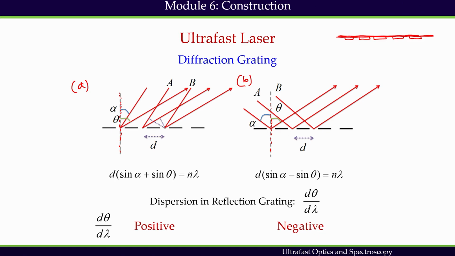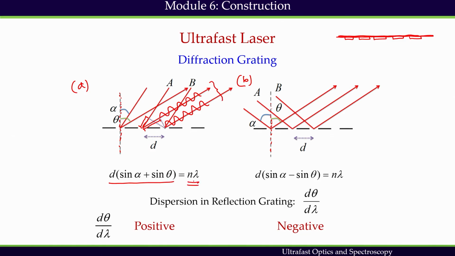Now, if we look at these two rays, A and B, in order to have constructive interference after diffraction between the diffracted A beam and diffracted B beam, the extra path length travelled by A, that is this distance plus this distance, needs to be n lambda.